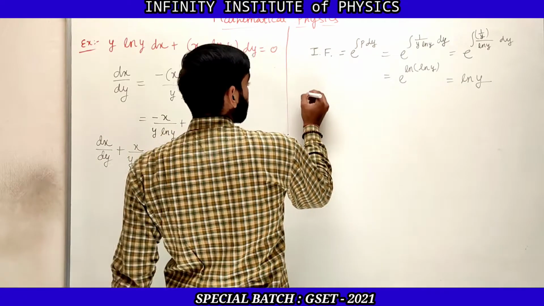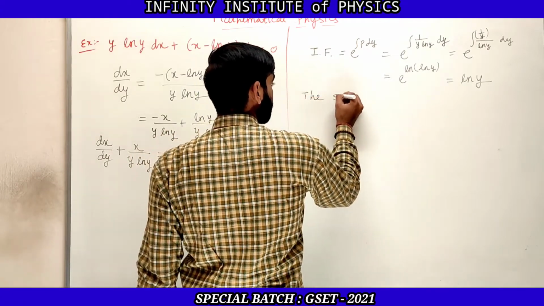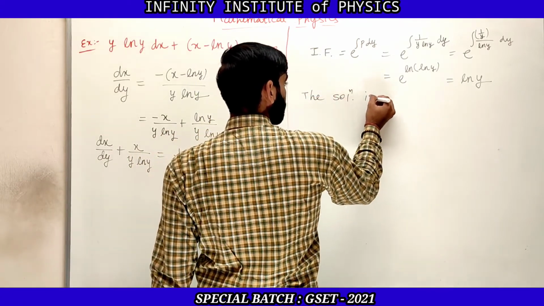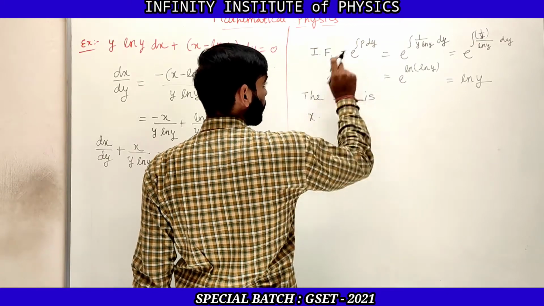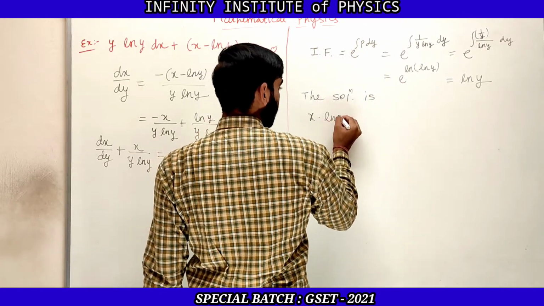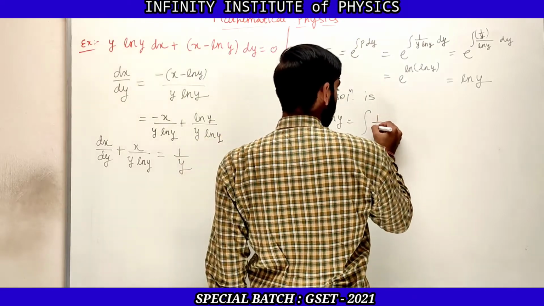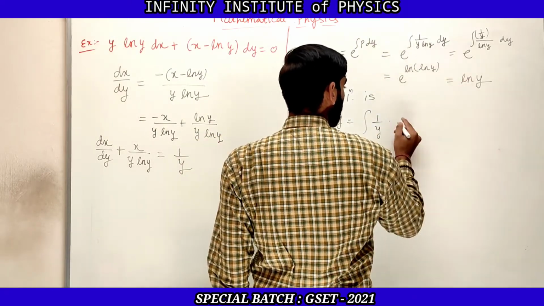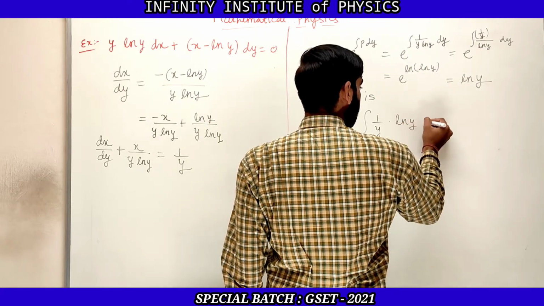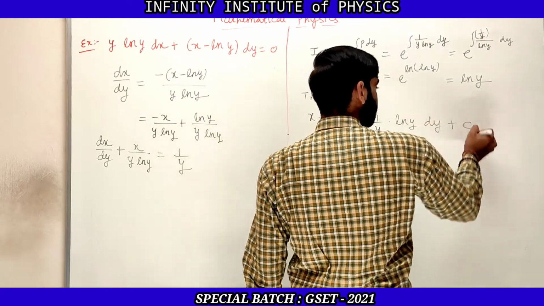Now the solution is x into the integrating factor, that is log y, which is equal to integration of q, that is 1 upon y into log y dy, plus c.